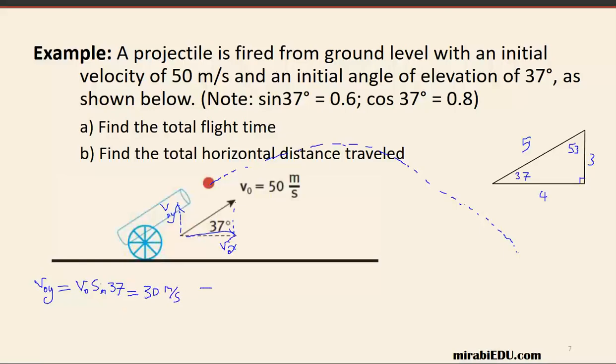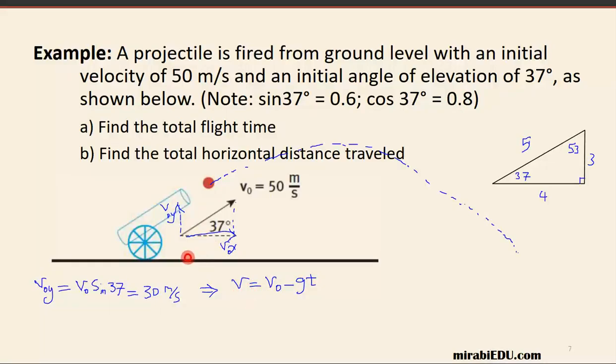Now, applying the formula V equals V0 minus gt, which is the same as V equals V0 plus at, but I took the upward direction as positive, therefore I need to put the acceleration as -10.